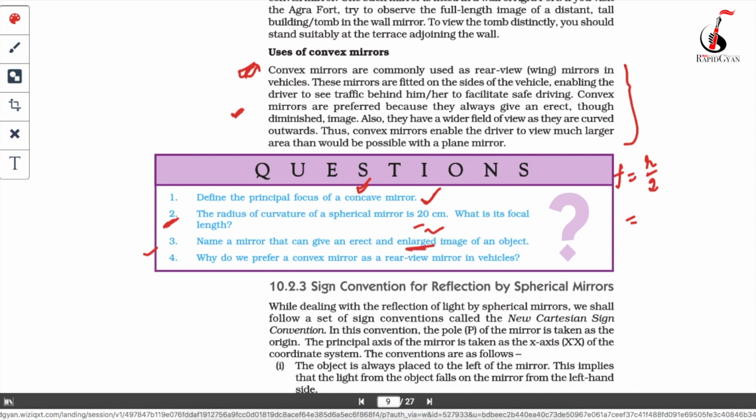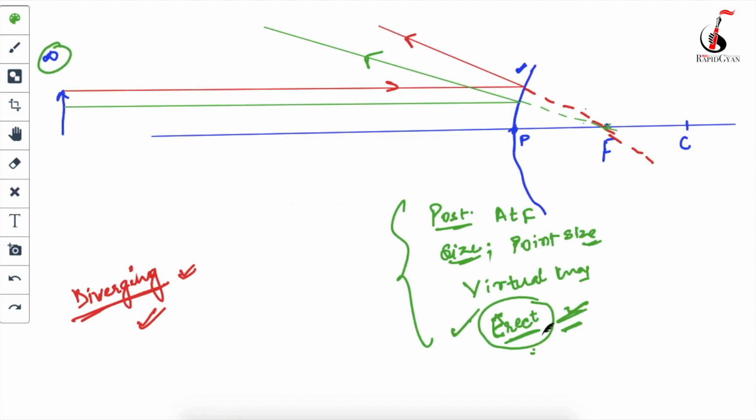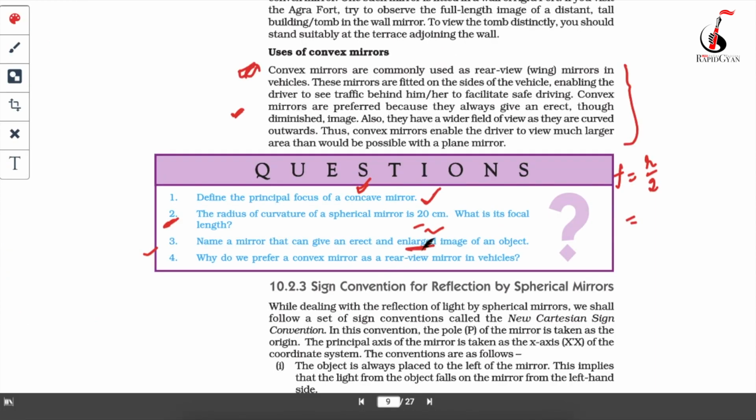Okay, erect image and enlarged image. See, in case of convex mirror you get the erect image, correct? But in this case the image is not enlarged, the image is small. But your question is asking in which case you will get an erect and enlarged image.